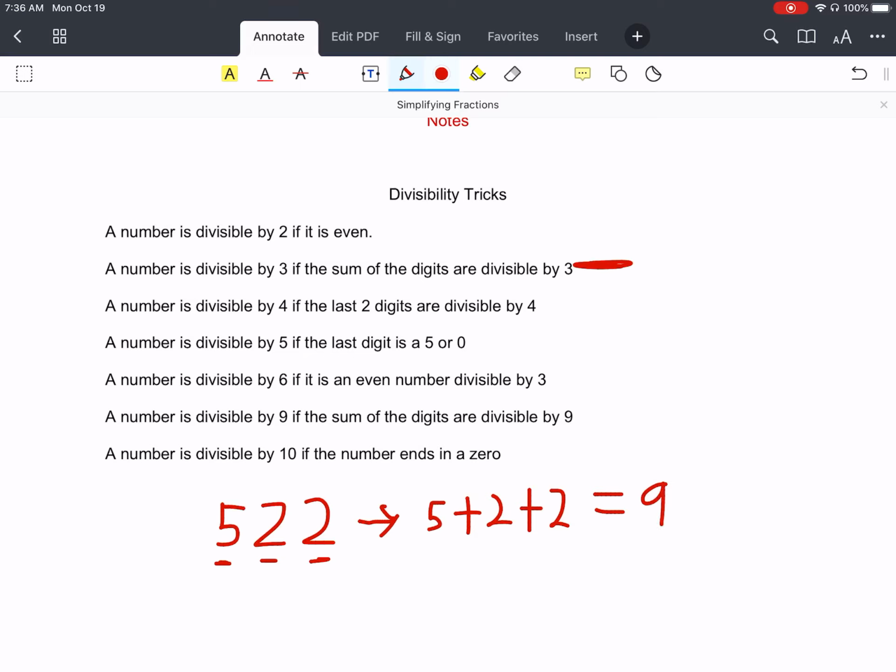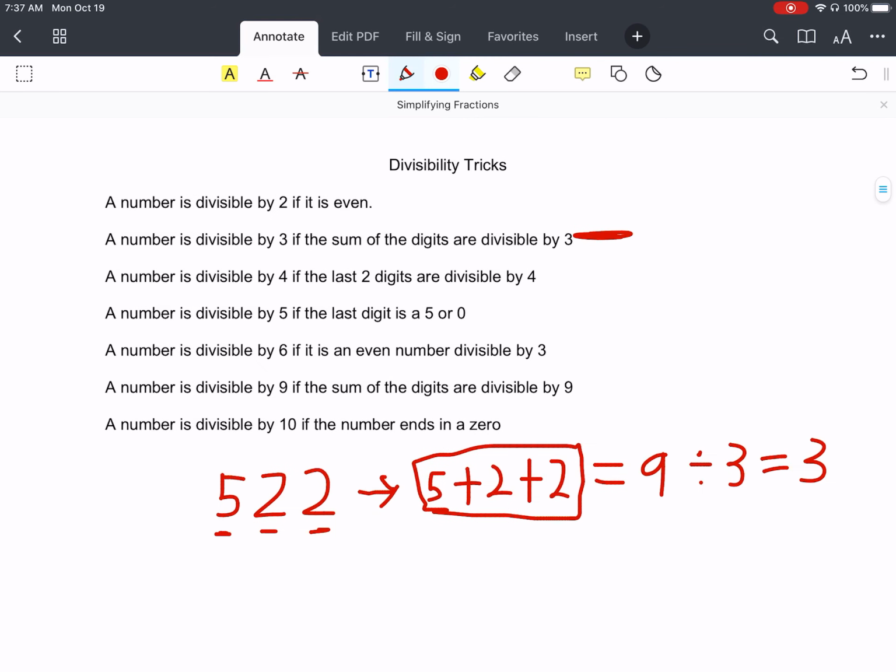And we can figure out if 9 is divisible by 3. We know that we can divide 9 by 3 and get a whole number. So that means that the sum of the digits of 522 is divisible by 3, so that means 522 is divisible by 3. So if for some reason you have a fraction that has 522 in it, you know that you're able to divide that by 3.